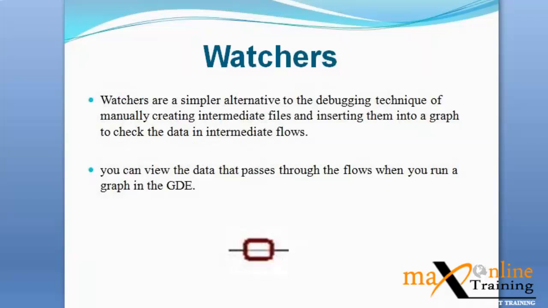Components which do not have the view data option, except dataset components, and when I say dataset, it includes both files and tables. Other than that, we cannot see the data present in that particular component. So view data option is not available for program components.